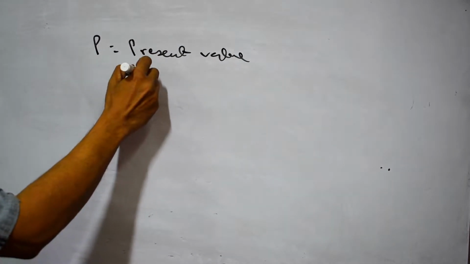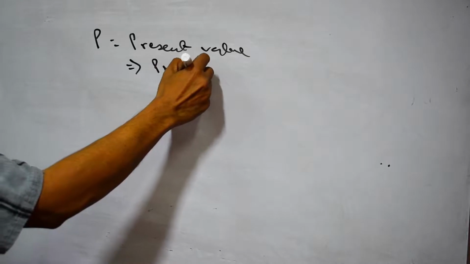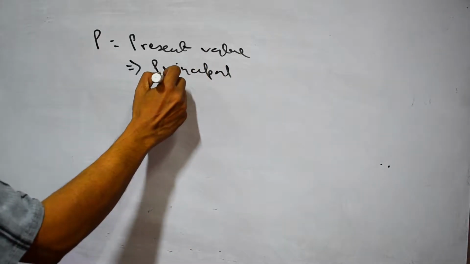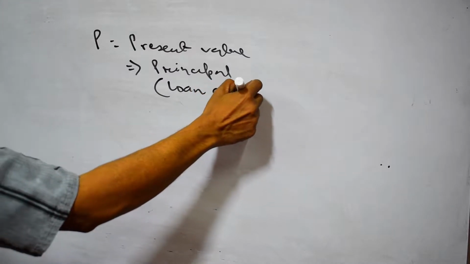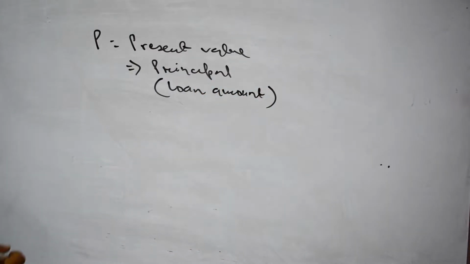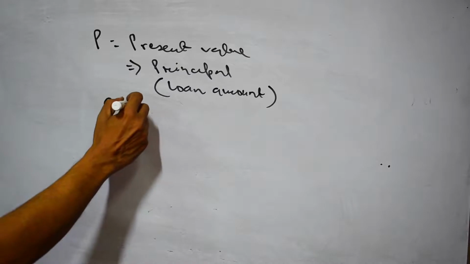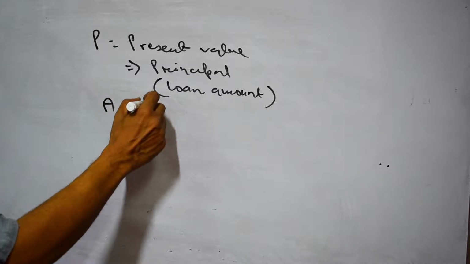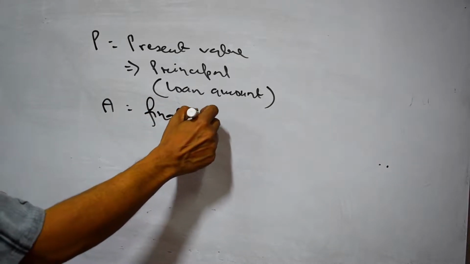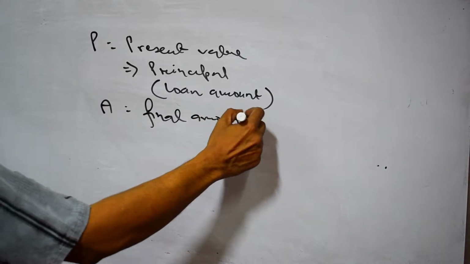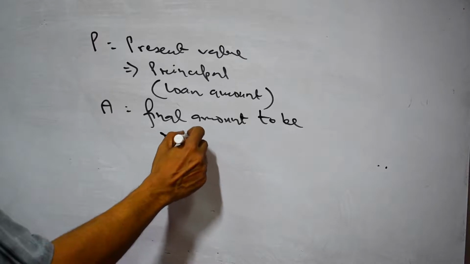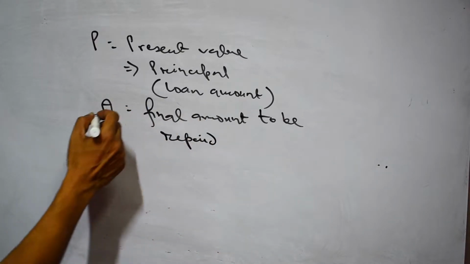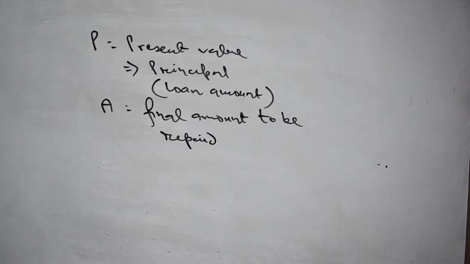Present value of the loan means principal, which is the loan amount, and the final amount to be repaid is A. So the repayment amount we write as A, and P is the principal. The same manner we will calculate.